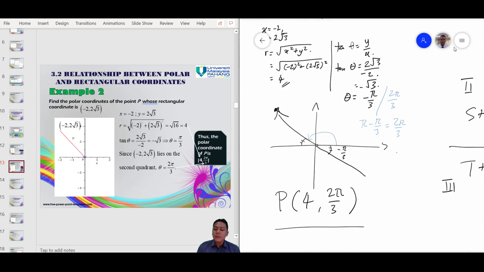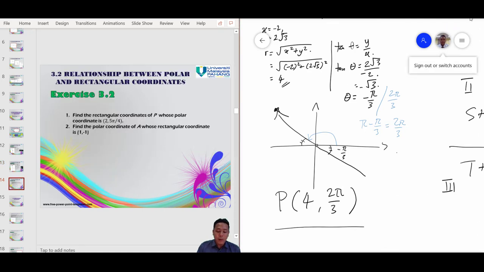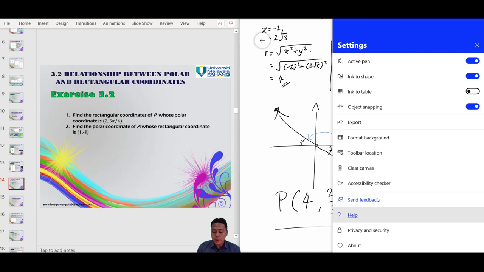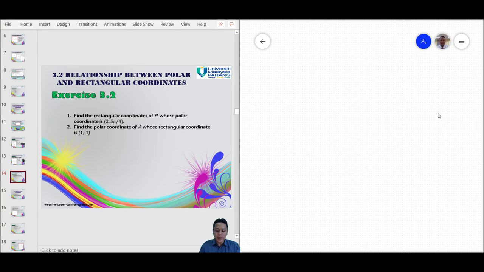Okay, let's do one exercise where you need to convert the rectangular coordinate into a polar one. Let's do one example to convert rectangular to polar.